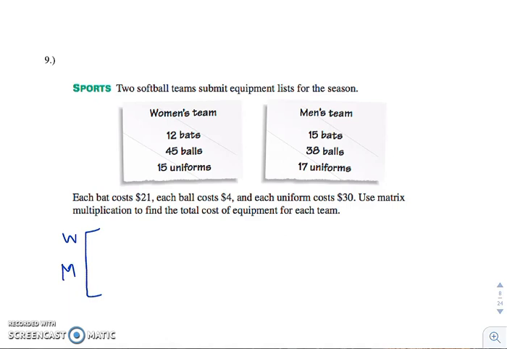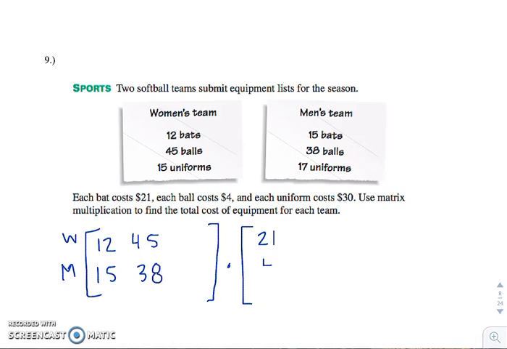So the women's team, we know they need 12 bats, and the men's team needs 15 bats. And those bats cost $21. Then for the balls, women need 45, men need 38.